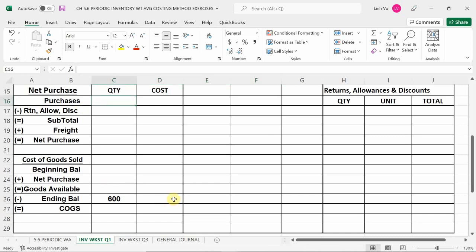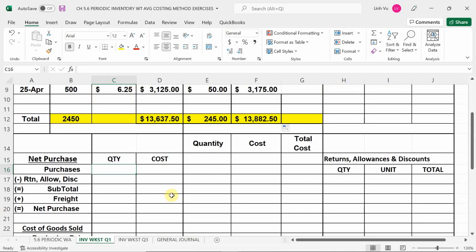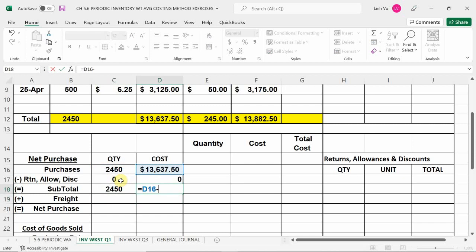So I purchased a total of 2,450 units at $13,637.50. I don't have any purchase returns and allowances, so that subtracts nothing, okay? And of course, my freight doesn't add to my quantity, but it does add to my cost.